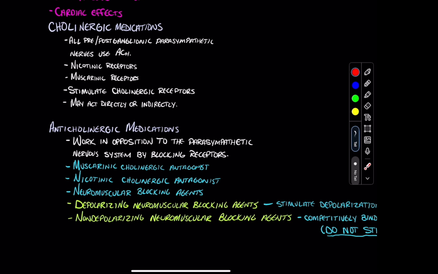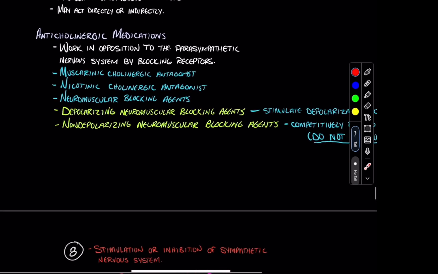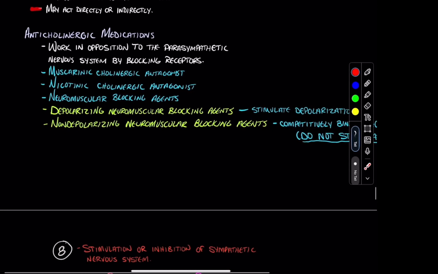When you're exposed to these chemicals, you get an over-flushing of the acetylcholine, which causes stimulation of the nicotinic receptors and muscarinic receptors, and it's going to stimulate all of your cholinergic receptors as well. Depending on the extent of the exposure, it may act directly or indirectly.